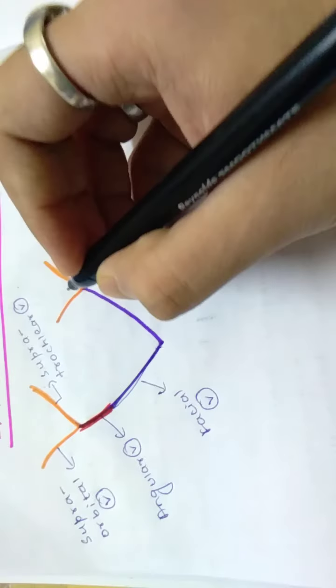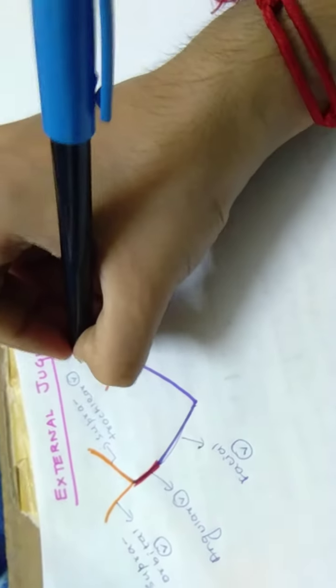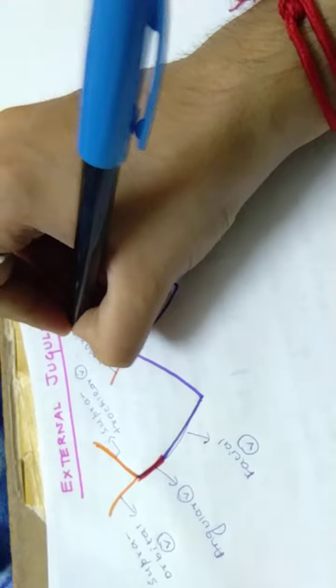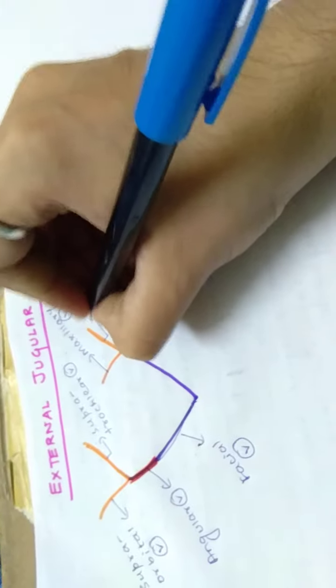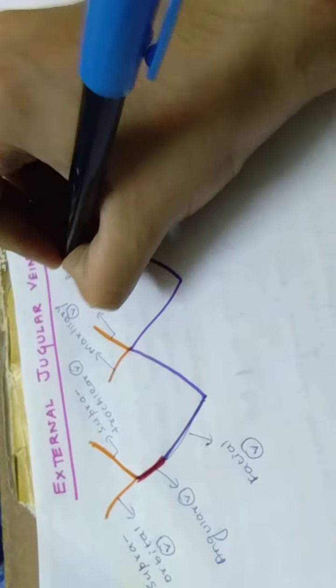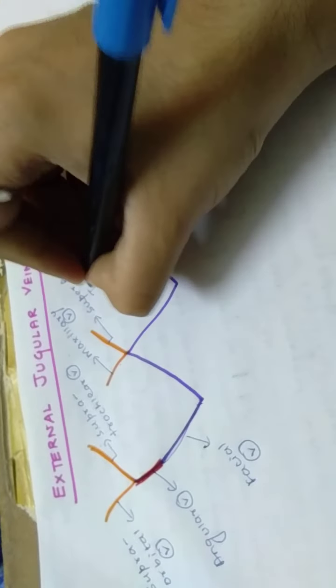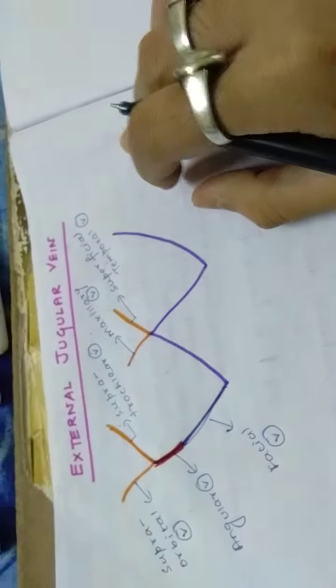Now let us come to this part. Okay, so this one is called maxillary vein. Maxillary vein, right? And this one is known as superficial temporal vein.